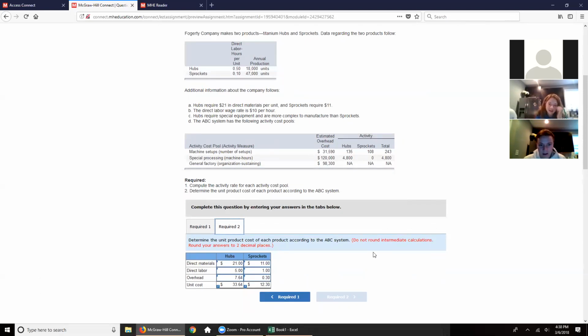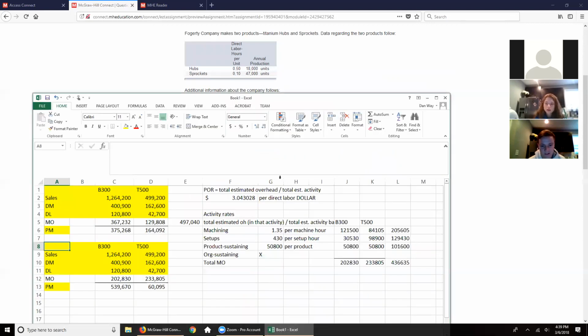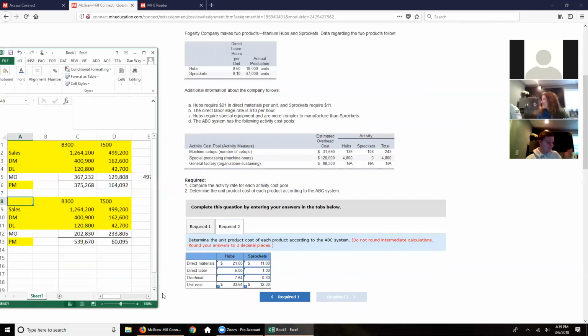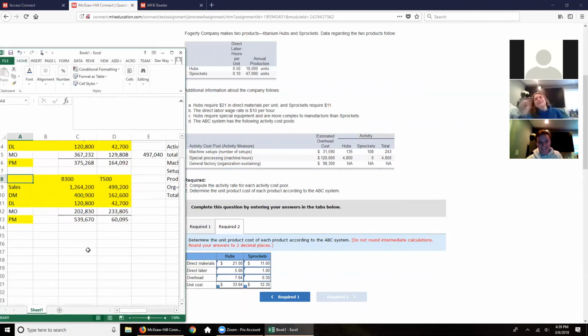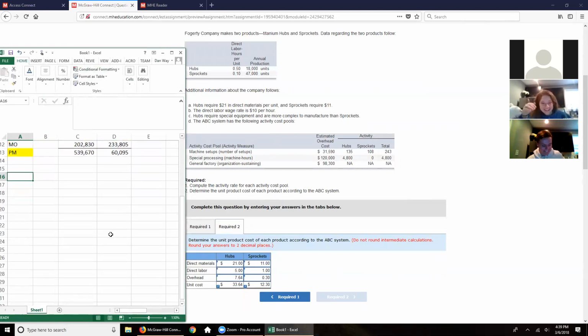It was kind of funky because it wasn't necessarily the traditional activity cost. So let's run through this actually. It is a little different, what we're trying to get at in the end here.